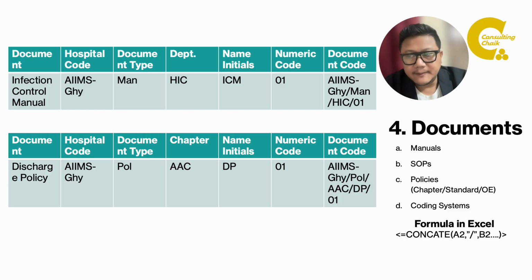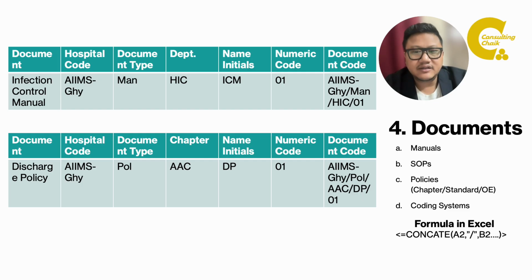In Mac it is concatenate I think, and in Windows you have the formula as concate. So you just check. Okay, so you need to put in this column document code, you need to put equal, then write concate or concatenate as per your system.